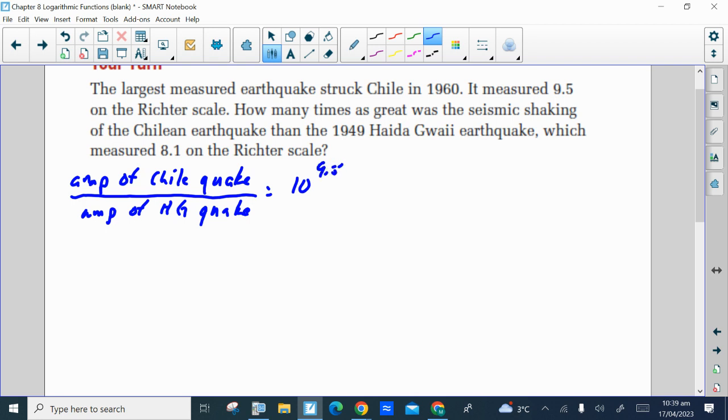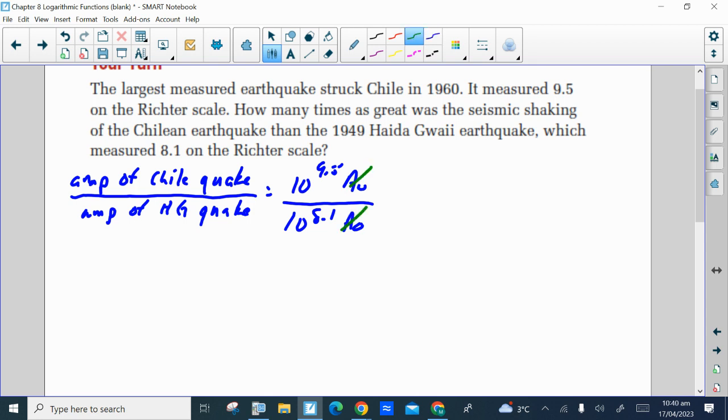So for the Chilean quake, it'll be 10 to the power 9.5, because that is the measure on the Richter scale, times a sub 0. And the Haida Gwaii quake had a Richter measure of 8.1. So its amplitude is 10 to the power 8.1 times a sub 0.